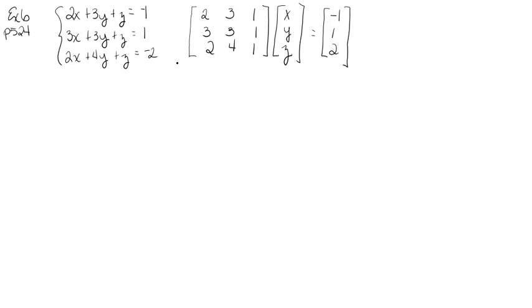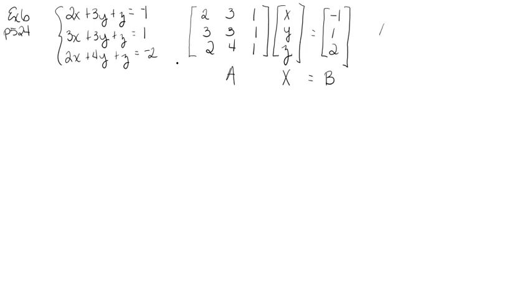So I've just rewritten the system of equations as a multiplication of two matrices, or a coefficient matrix times a column matrix equal to another column matrix. I'm going to call this coefficient matrix A. I'm going to call this X, and I'm going to call this B.